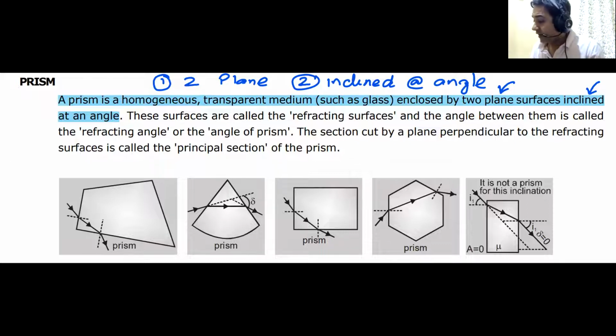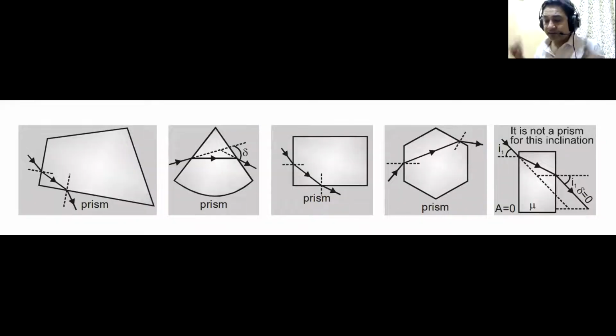Now, look at the diagram that we are talking about, and I will focus the diagram and cut the other things apart. This diagram is given on your page number 34. Can you see this diagram? It comes on bigger screen now.